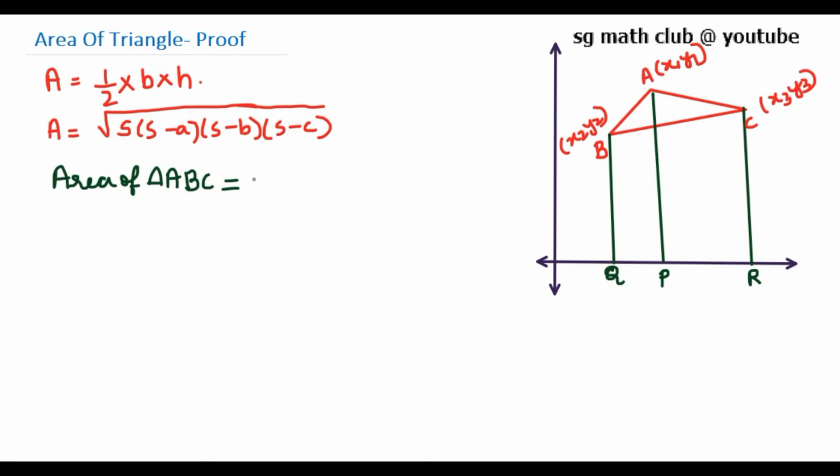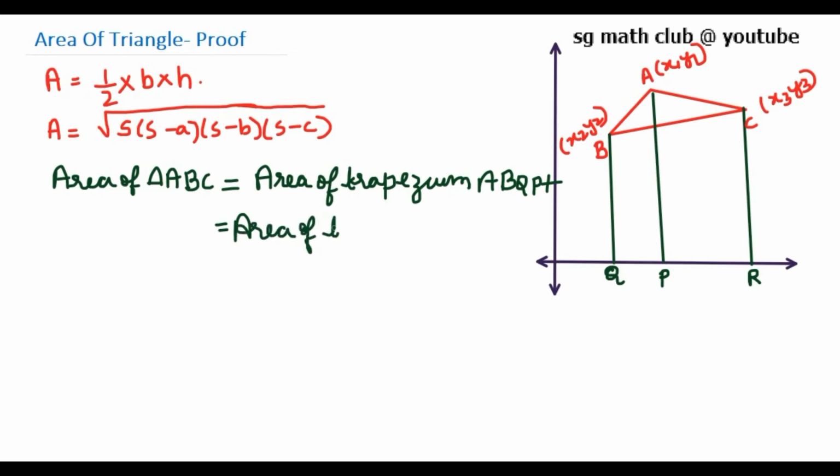We can write the area of triangle ABC as the area of the first trapezium, ABQP, plus the area of the second trapezium, APRC.